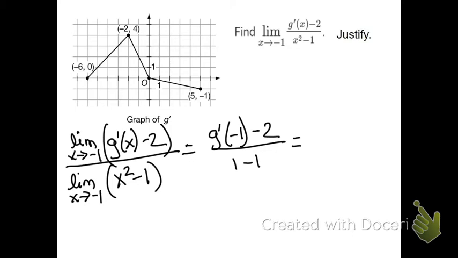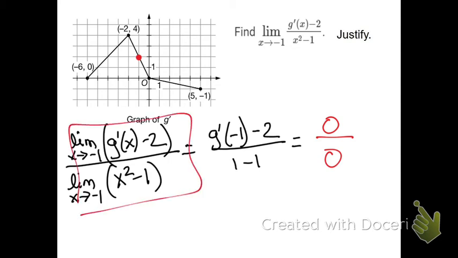G prime of -1. If this graph is a graph of G prime, then I want the height at -1, which is right there, 2. So we get 2 minus 2, which is 0 over 0, and you do have to write the 0 over 0. Okay, so you had to write this, that's probably a point. You have to write this, that's probably a point.